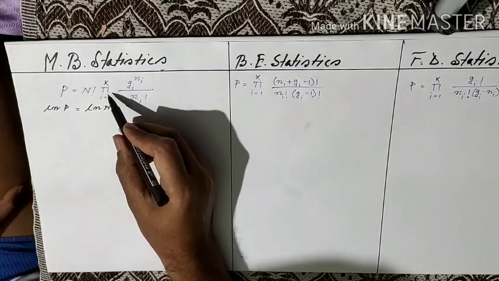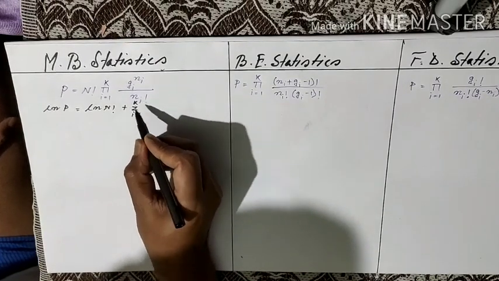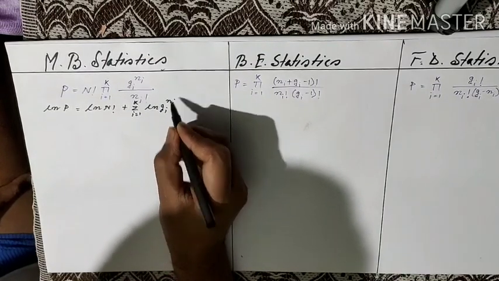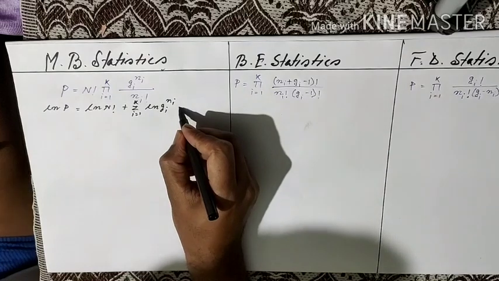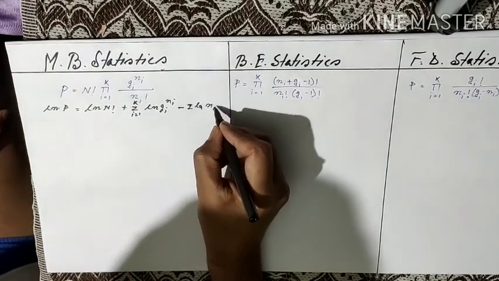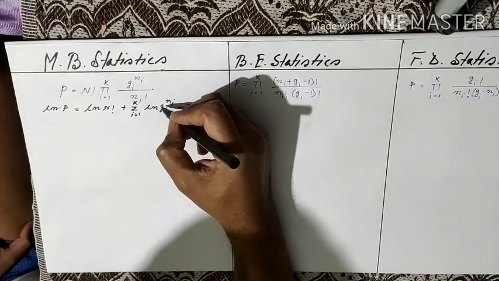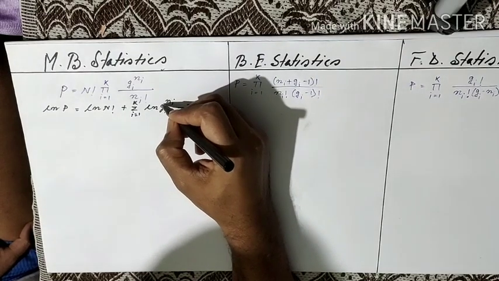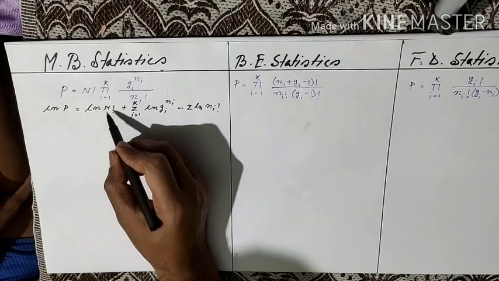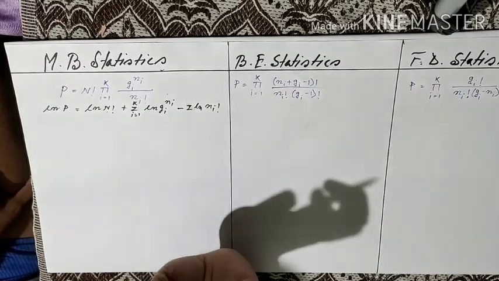That's why this product will become the summation, so I will use the summation i is equal to 1 to k. Okay, log of Gi to the power ni, minus summation ln ni factorial. Note this Gi part will be considered a constant, and n, the total number of particles, will be constant. So when I differentiate, remember, this part will be 0.